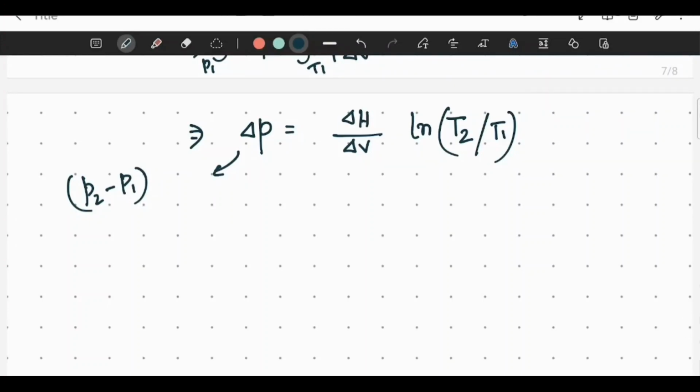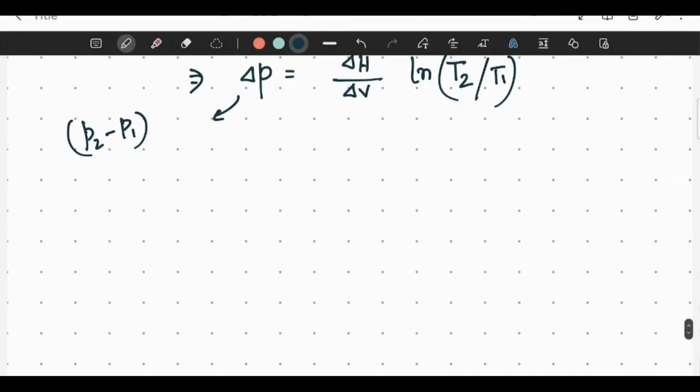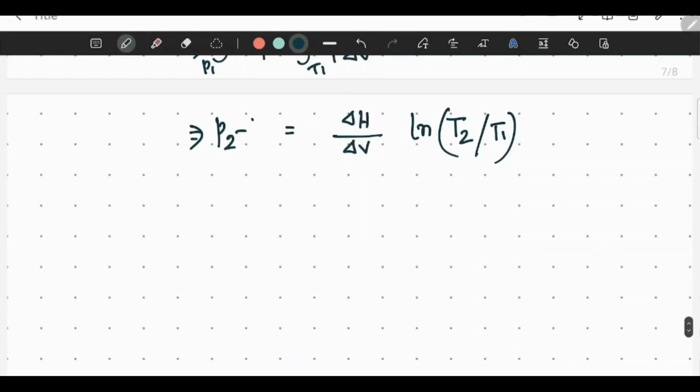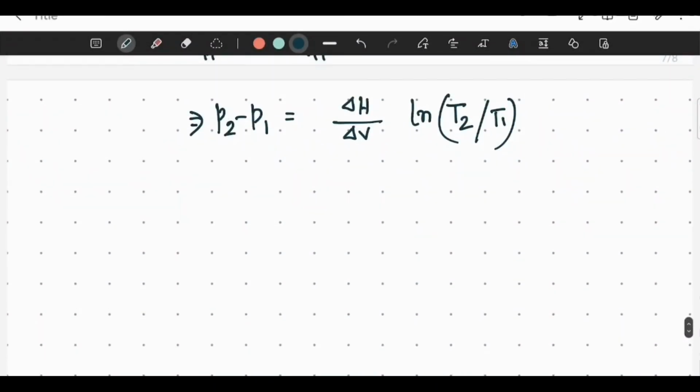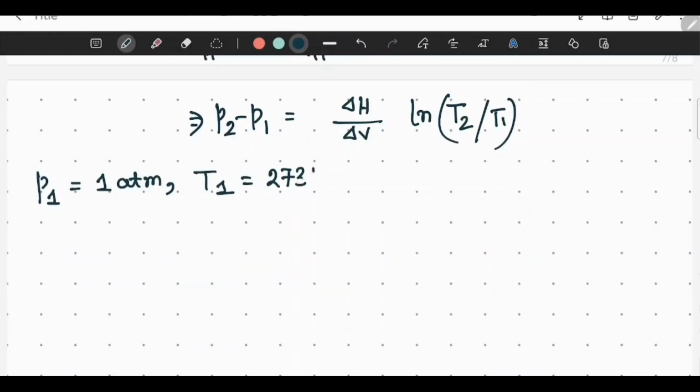Now we have to just put T2 minus T1. Now again read the question. So if P1 is, let's say, 1 atm, then T1 is 0 degree, that means 273 Kelvin.